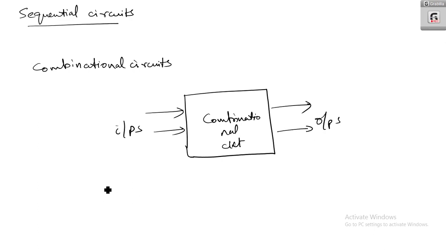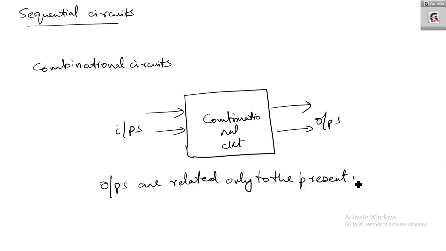Here you can say that outputs are related only to the present inputs, or present value of inputs. Such kind of circuits are known as combinational circuits.